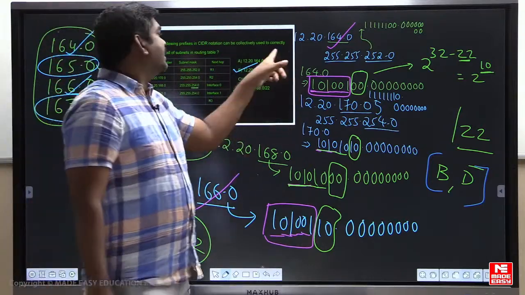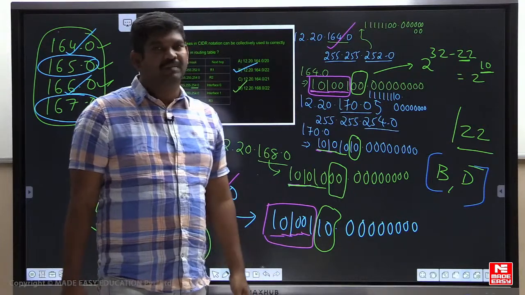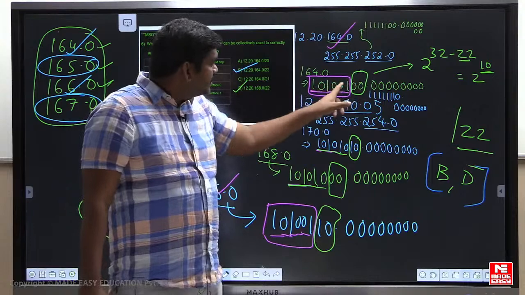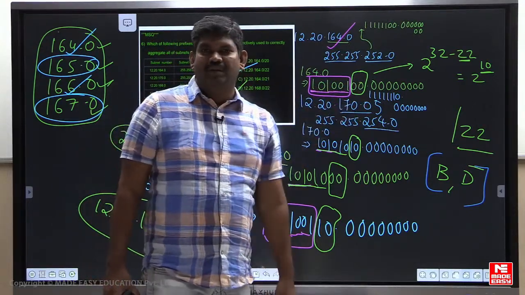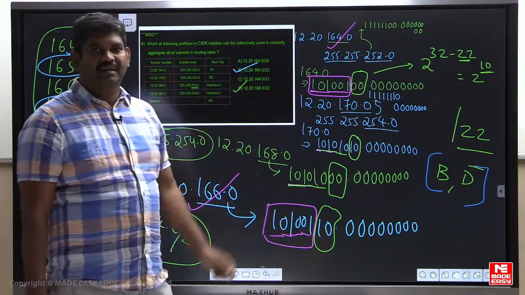But they have given the starting itself as 164. That is the main problem actually, which is not possible. Because in the case of 164 when I take 4 bits 0 1 0 0, the 4 zeros are not available. That is the reason you can eliminate A as the answer.